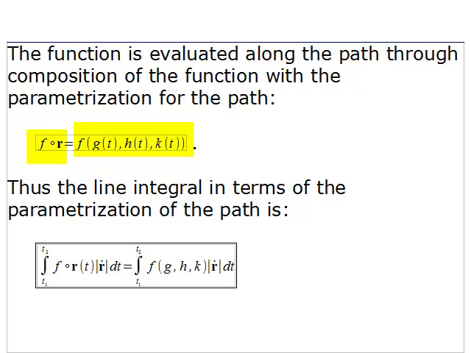As t changes, I'm going to find the value of the function right along that path. So I'll substitute that. Now I have F composed with r, that's sticking the function right on the path, times the magnitude of the time derivative of the parameterization times dt, and then integrate between two time endpoints.